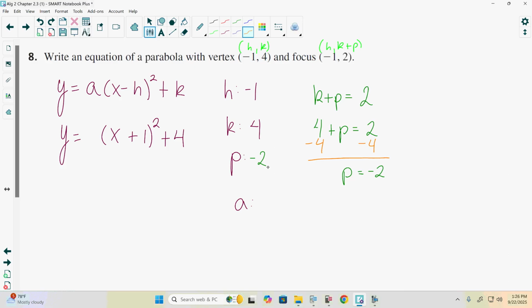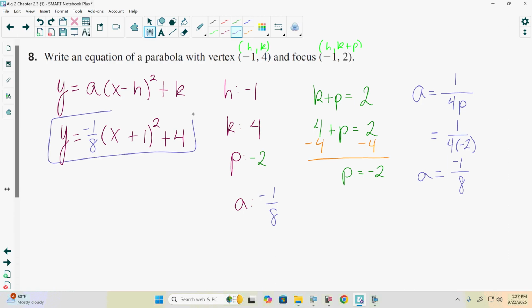It's negative. Last thing we need to find is the value of a. a is equal to 1 over 4p. We have 1 over 4 times -2, which tells us a is -1/8.